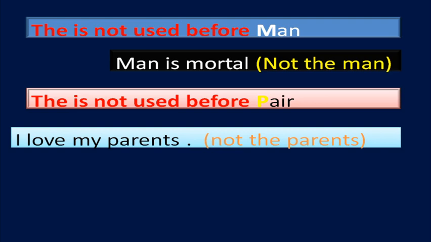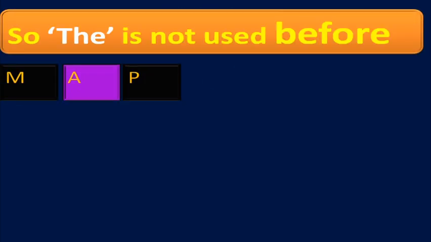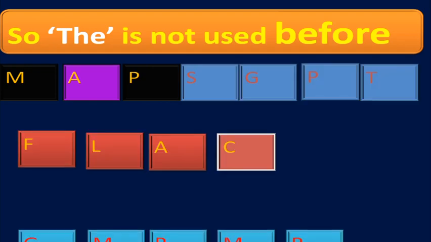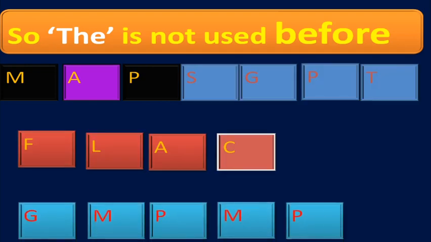So before parents, you should not use "the." "I love the parents" is wrong. Totally wrong. I love my parents. So before parents, that means pair, father and mother, you should not use "the." Right? So it's the abbreviation, it's the brief form.